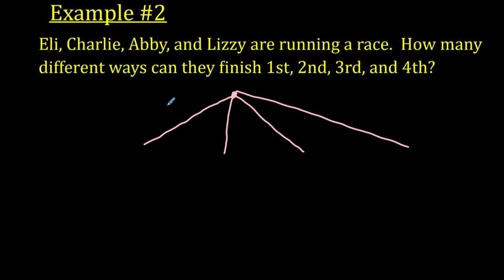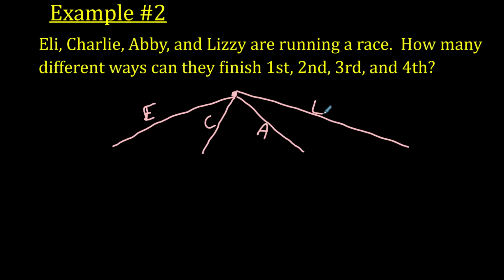So first place, and in fact, I'm going to spread this first branch out a little bit more. Let's do this. There we go. Okay, so first place could be Eli, or it could be Charlie, or it could be Abby, or it could be Lizzie.